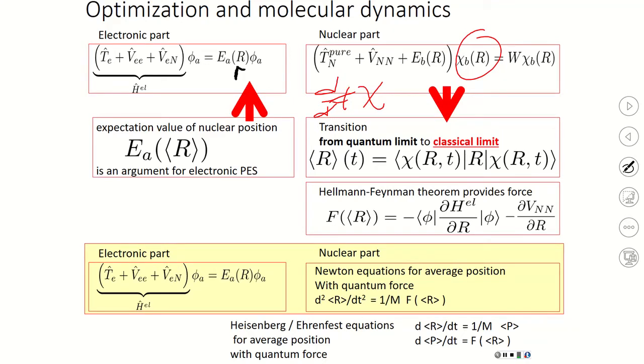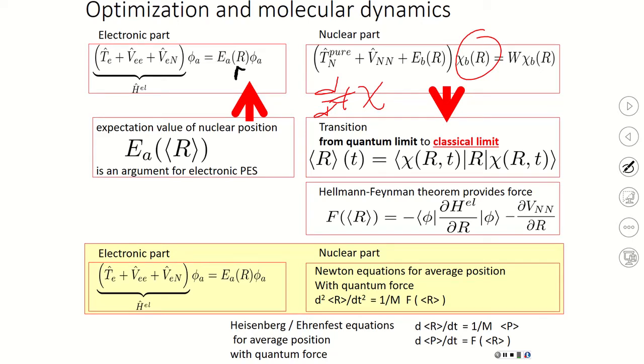So this is the Newton equation of motion that many of you are already practicing when you do molecular dynamics, for example in HyperChem, force field molecular dynamics, right? But this more familiar Newton equation of motion follows from the Hamiltonian style of equation of motion, which originates from the Ehrenfest theorem.